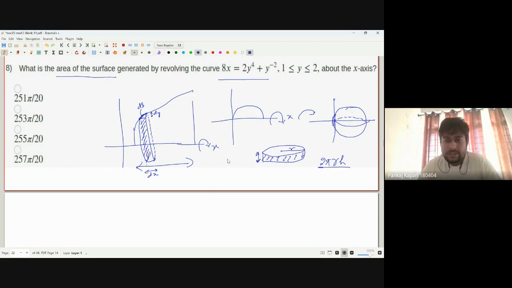But our strip is not cylindrical. Our strip is like this, a little bit slant. It is a part of a frustum, if you have heard of this thing, it is like this.